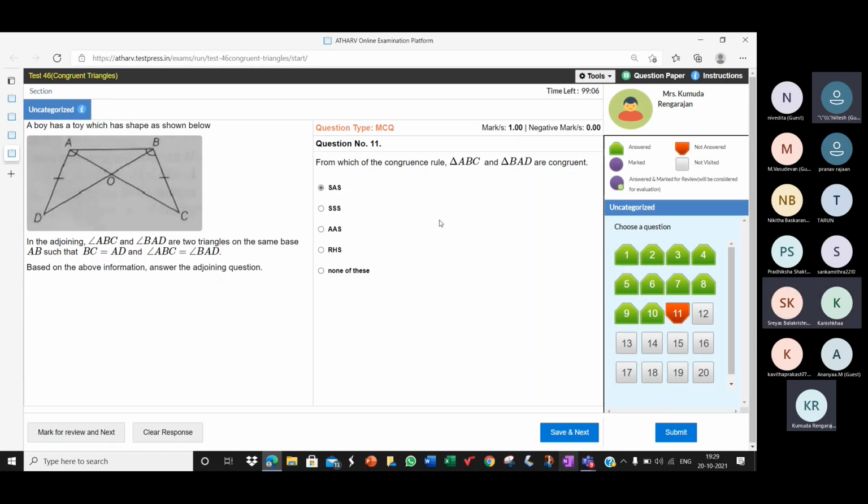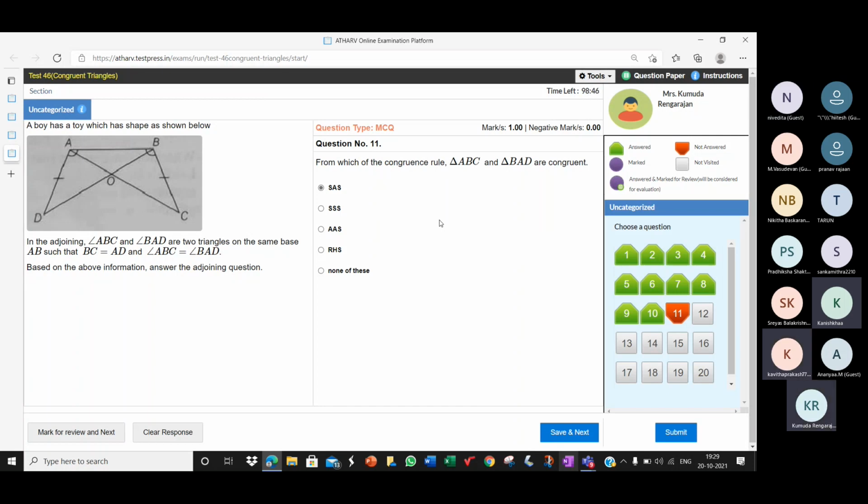Ma'am, the two triangles have the same base AB. Okay, AB is equal to AB, common side. And then angles CBA and DAB are equal, ma'am. That is given in the question.